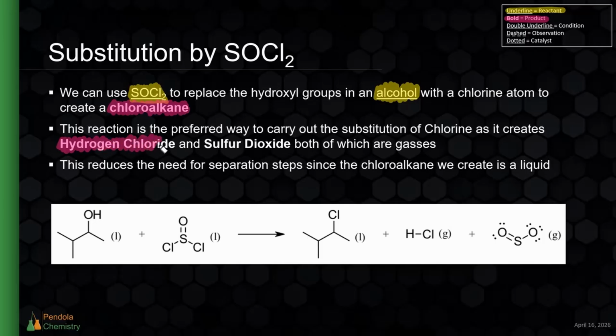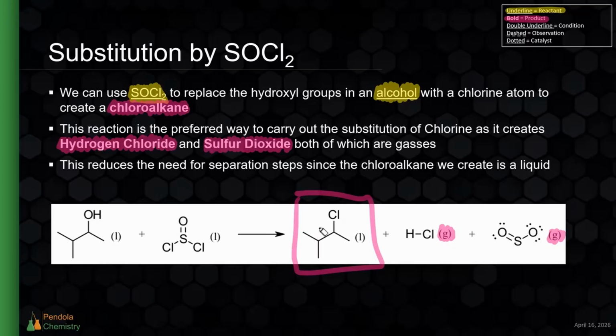So not hydrochloric acid, be very careful. The hydrogen chloride is a gas, not aqueous, meaning this is not hydrochloric acid, this is hydrogen chloride. And the other product that we will get is sulfur dioxide, SO2. Both of which are gases at room temperature. So we create out of this reaction the chloroalkane, which is a liquid at room temperature, hydrogen chloride gas, and sulfur dioxide gas.